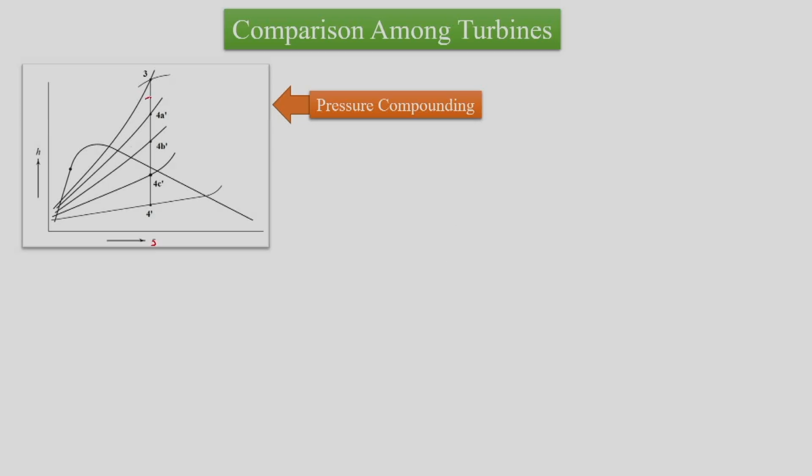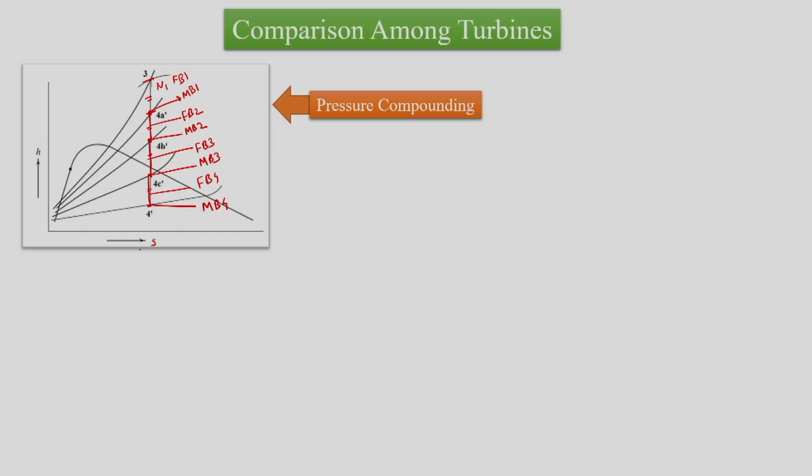If we have 1, 2, 3 and 4 stages of pressure compounding, then first nozzle will have this enthalpy drop, and then this point corresponds to, this is first moving fixed blades, then this point corresponding to moving blade 1, then this line corresponds to fixed blade 2, this point corresponds to moving blade 2, this line corresponds to fixed blade 3, this point corresponds to moving blade 3, this line corresponds to fixed blade 4, and this point corresponds to moving blade 4.